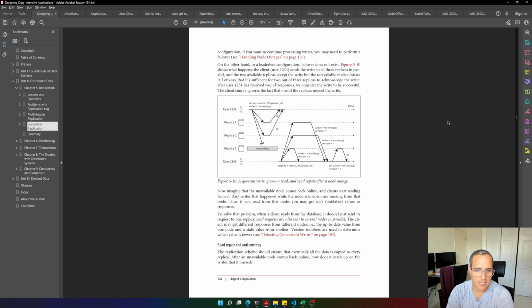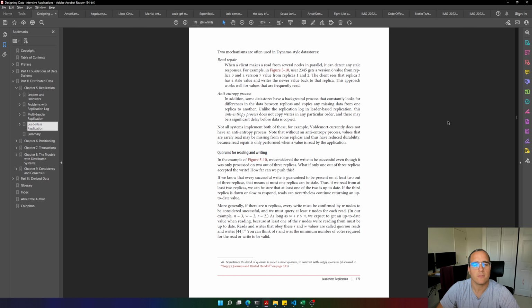Read repair and anti-entropy. The replication scheme should ensure that eventually all the data is copied to every replica. After an unavailable node comes back online, how does it catch up on the writes that it missed? Two mechanisms are often used in Dynamo-style data stores. Read repair: when a client makes a read from several nodes in parallel, it can detect any stale responses.